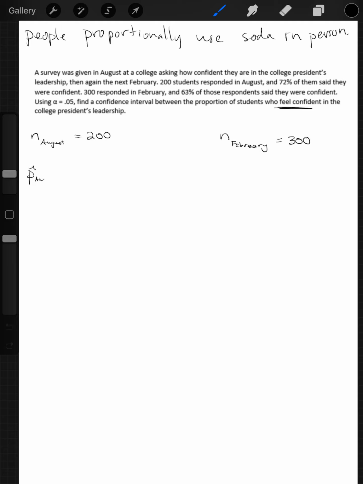So that tells me that the p-hat for August was 0.72, because 72% said they were confident. And the p-hat for February is 0.63, because 63% of those who responded in February said they were confident. And feeling confident is the measure that we are testing here.